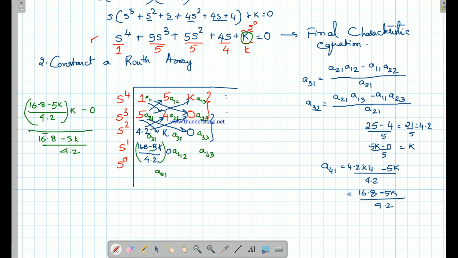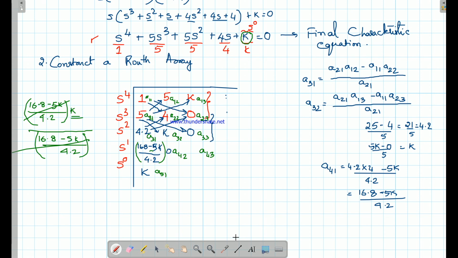Once I remove the 0, this term 16.8 minus 5k gets cancelled, and you are left with only k. Therefore, I will enter the value of k.